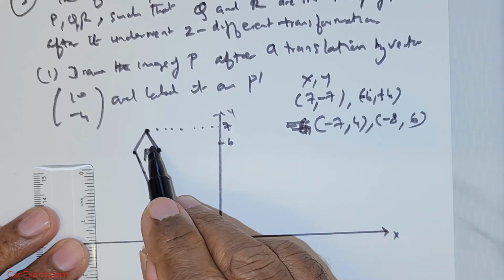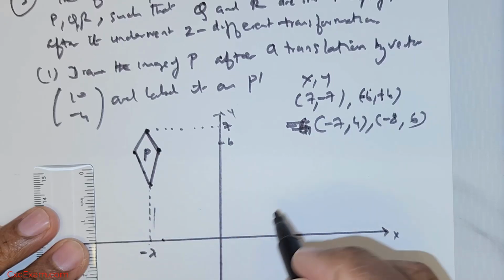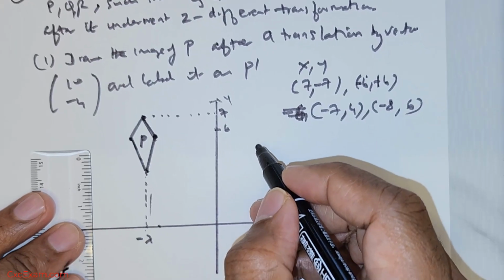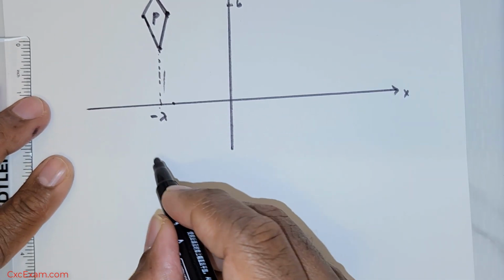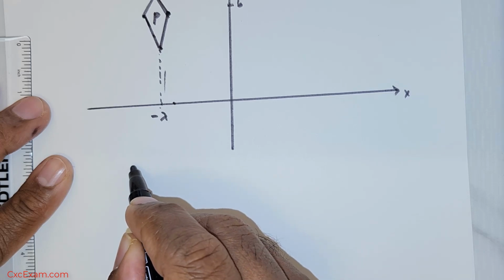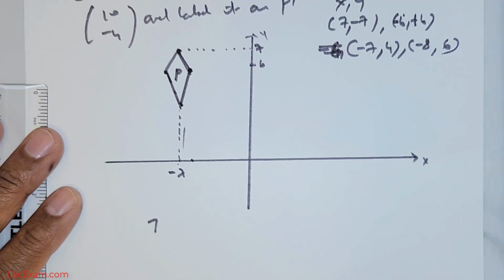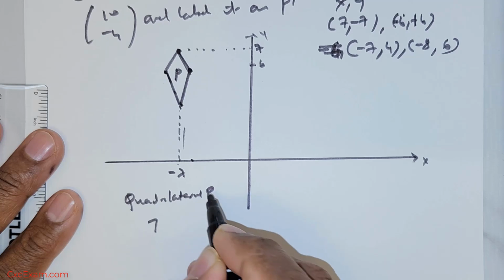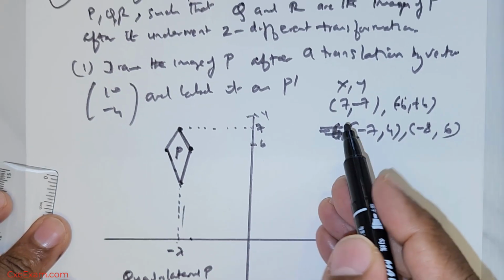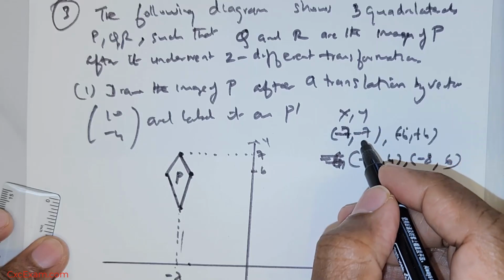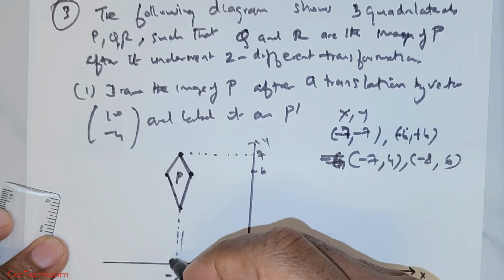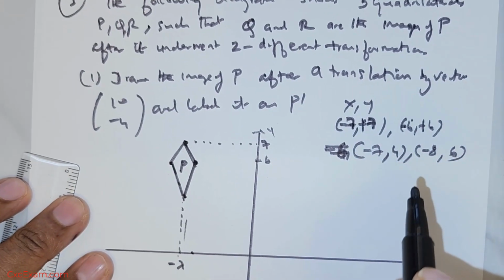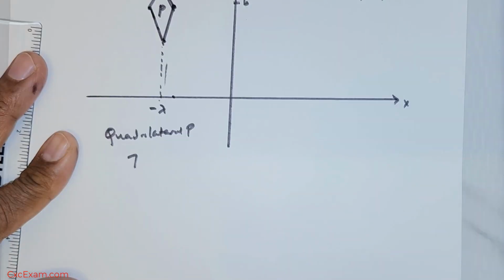So all you need to do is go to the grid and find out the coordinates. So this is going to be my quadrilateral P. So I'll write the points down. So quadrilateral P, the points are, it's actually -7, positive 7. So this is a correction. We write the x coordinate and the y coordinate. So we have the quadrilateral.